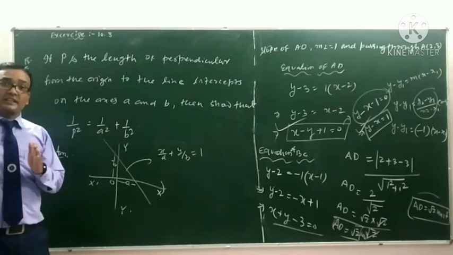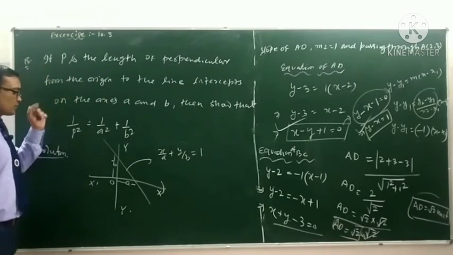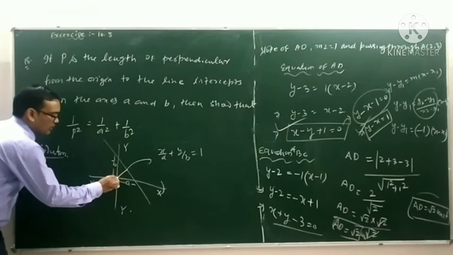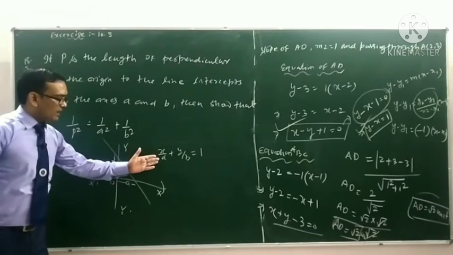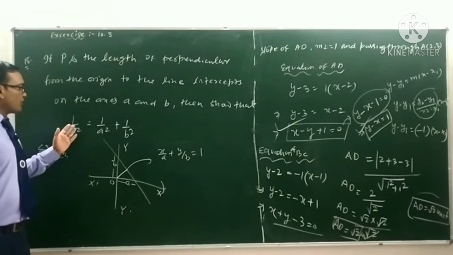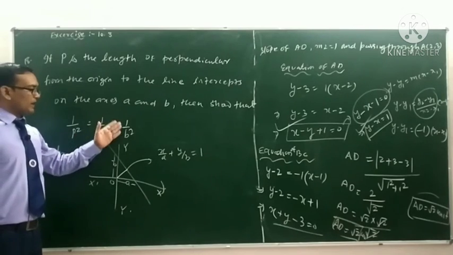We have already discussed this in the previous lecture. Okay students, here in this question it is given that p is the perpendicular distance from the origin to the line x upon a plus y upon b equal to 1, then prove that 1 upon p square is equal to 1 upon a square plus 1 upon b square.